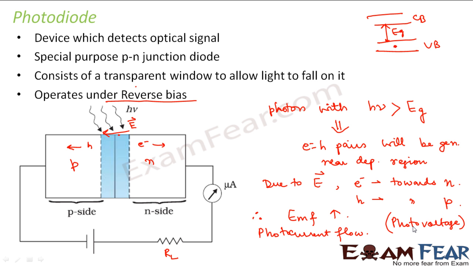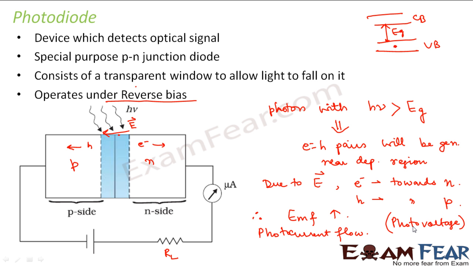So you understood the working of a photodiode. What happens when light falls on the photodiode? If the light has energy greater than the energy gap of the semiconductor, then electron hole pairs will be generated. These electron hole pairs are generated near the depletion region because the window is constructed somewhere near the depletion region. Now, this depletion region has an electric field of its own.